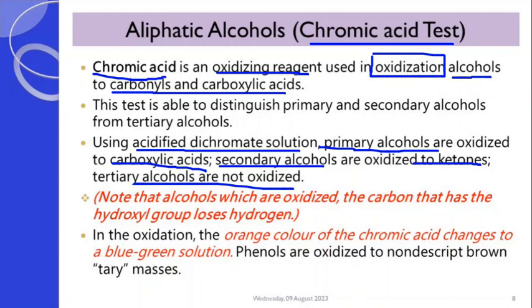In terms of the color change, the orange color of the chromic acid would change to a blue-green solution. Here, the blue-green will tell us that the sample contains either a primary alcohol or a secondary alcohol. I hope you get the concept.